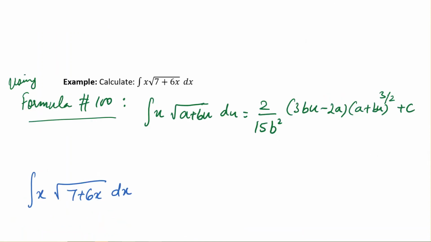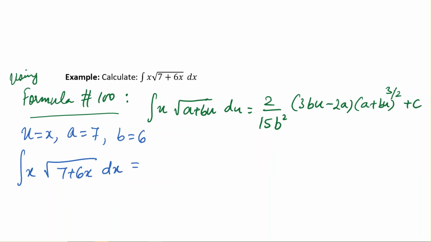So we are going to use formula number 100 with u equal to x. If you compare, a is equal to 7 and b is equal to 6. So using u equal to x, a equal to 7 and b equal to 6 in this formula, this integral is equal to 2 over 15 b squared, so 2 over 15 times 6 squared, times 3 times b, where b is 6.